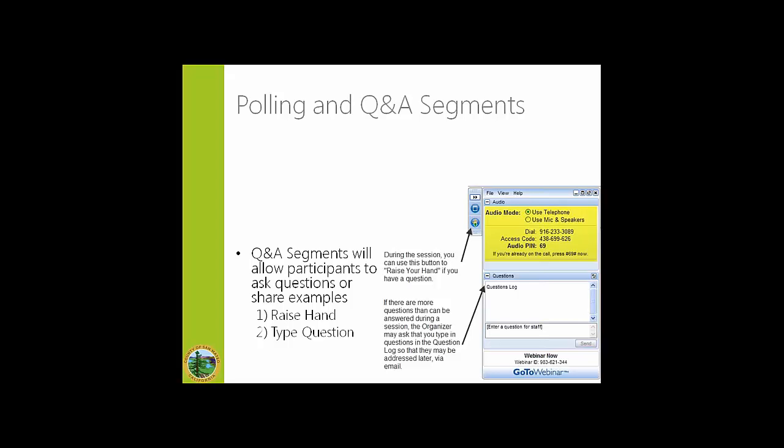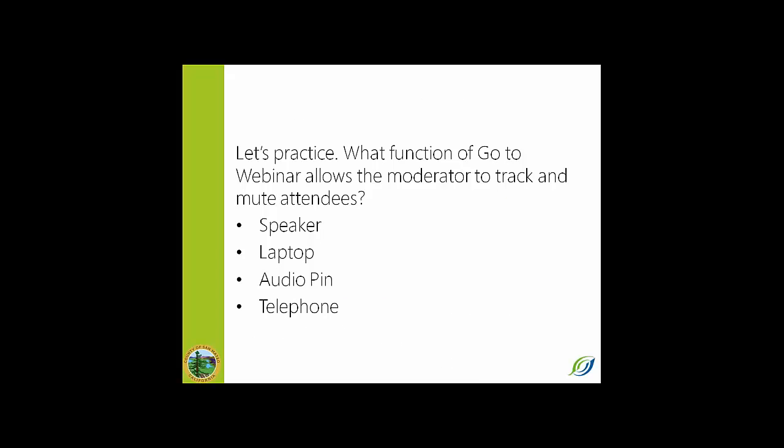The question box is also used in a couple places throughout the presentation where we'll ask you for some input that we're going to be looking at and using as part of our presentation. So you would type those responses into the question log there, and then we'll be able to take a look at those. So actually what we're going to do right now is we're going to practice the polling.